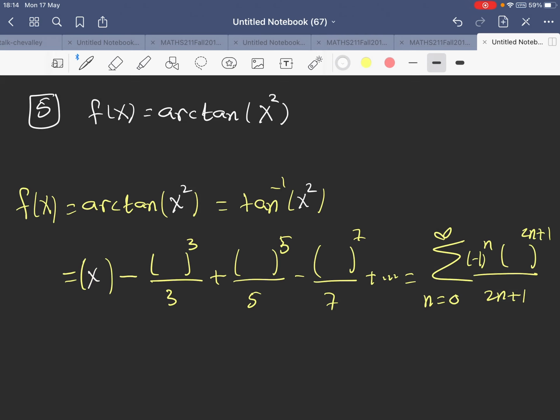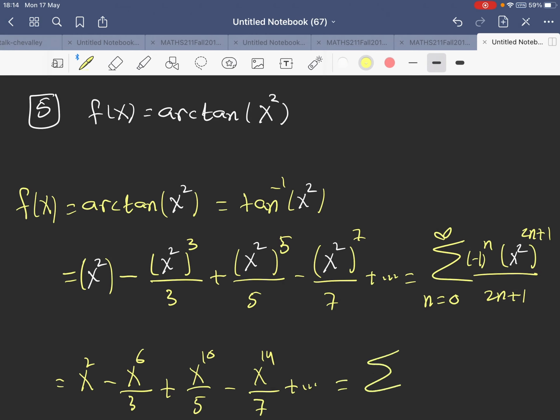So just let me write x squared in each place. Now this one you can expand very easily and you get the final answer, which is x squared minus x^6 over 3 plus x^10 over 5 minus x^14 over 7, and so on.